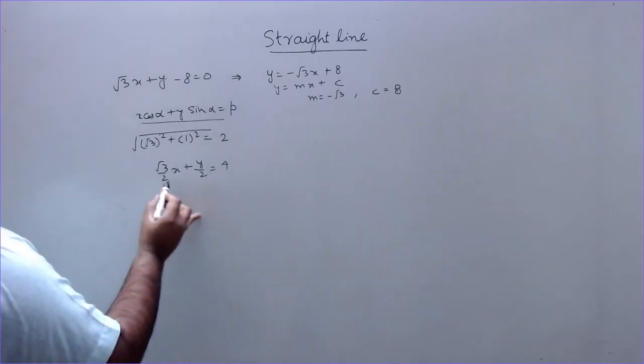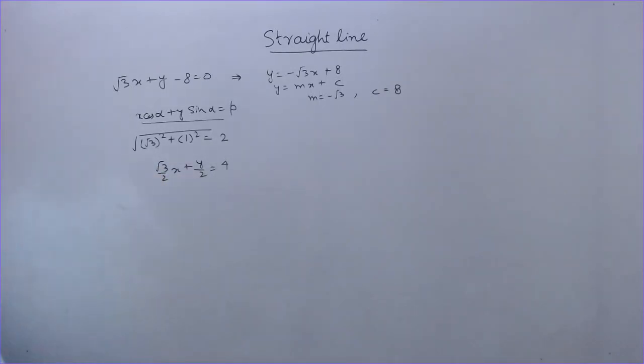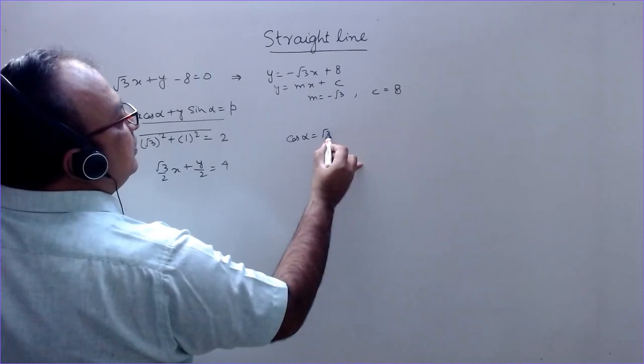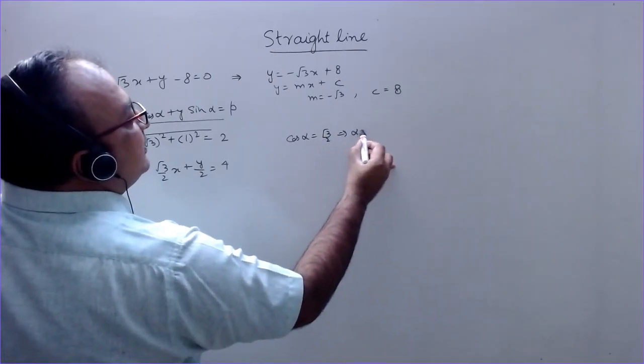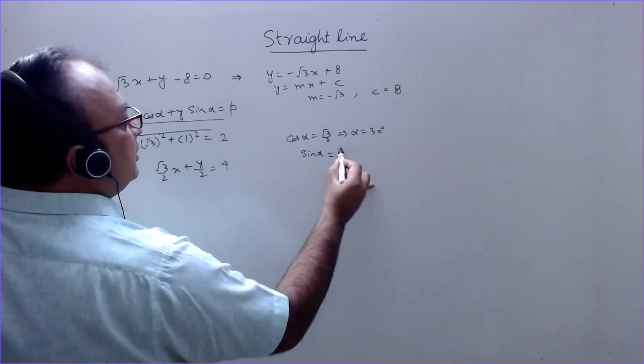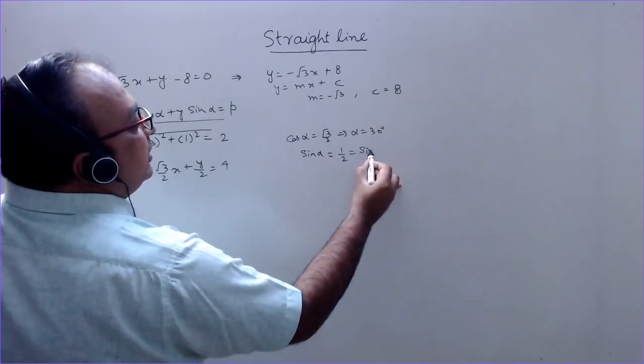So if I write cos alpha as root 3 by 2, that means alpha is 30 degrees, and sin alpha becomes 1 by 2, sin 30 degrees.